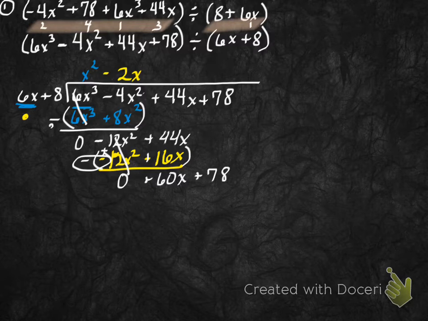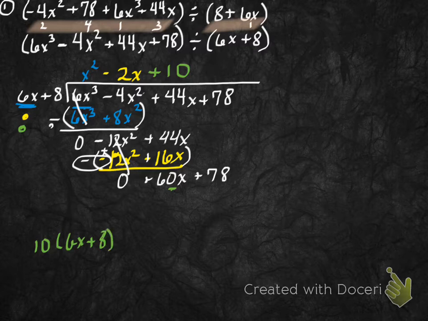So what do I need to multiply my 6x by in order to come up with 60x? I need to multiply it by 10. So when I multiply it by 10, I get 60x plus 80.